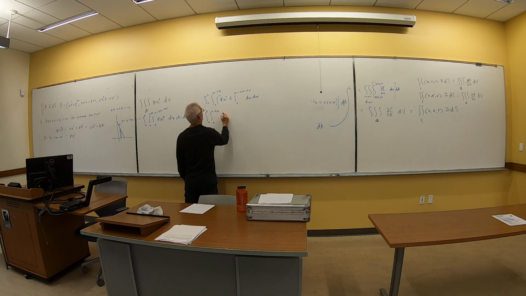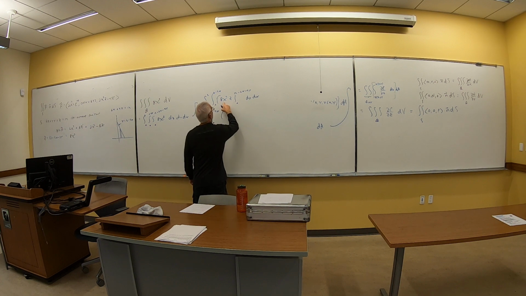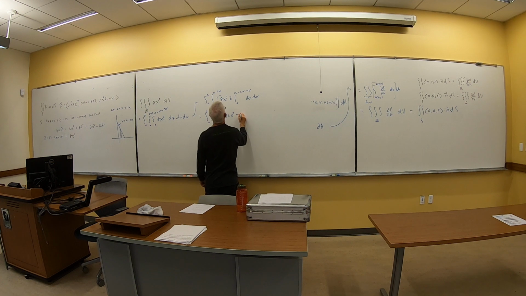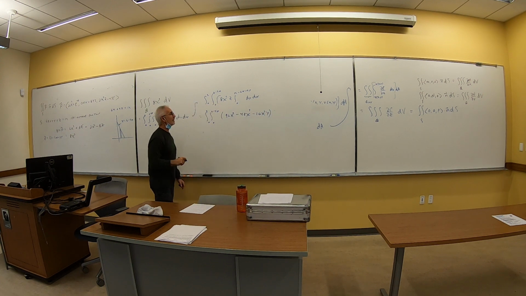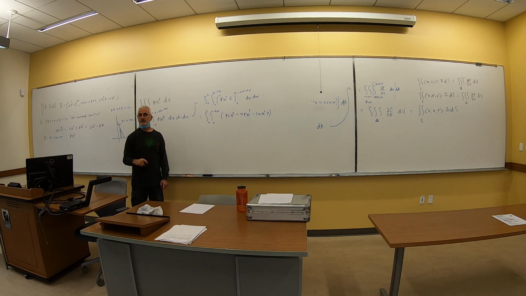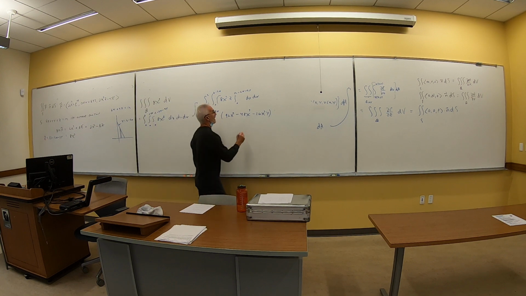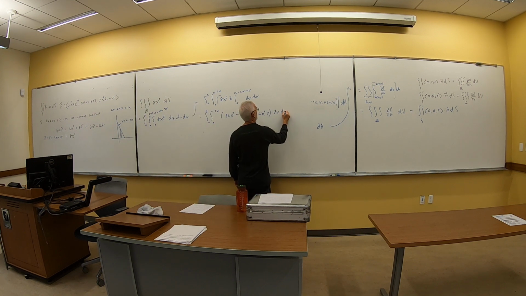What will I get when I multiply this out? 8x squared times 12, so 96x squared, minus 48x cubed, minus 16x squared y. Do we all agree with that? Okay, and that's dy dx.